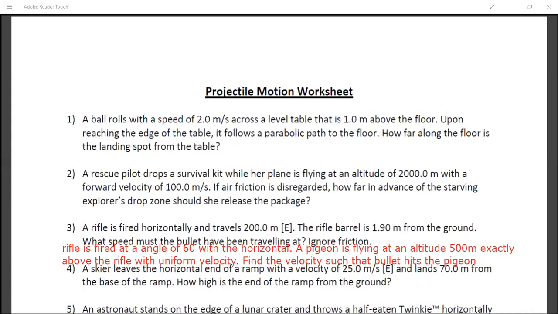But how will it be 333 then? Because that answer you got was for the horizontal case. Now it is at 60 degrees. But we'll need to know the velocity of the bullet, right? The rifle barrel is 1.90 from the ground. Use that and get the value of the initial velocity.